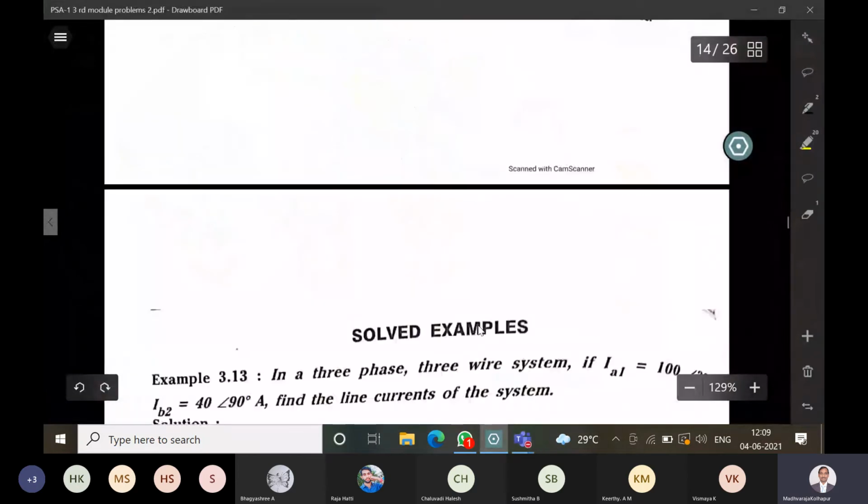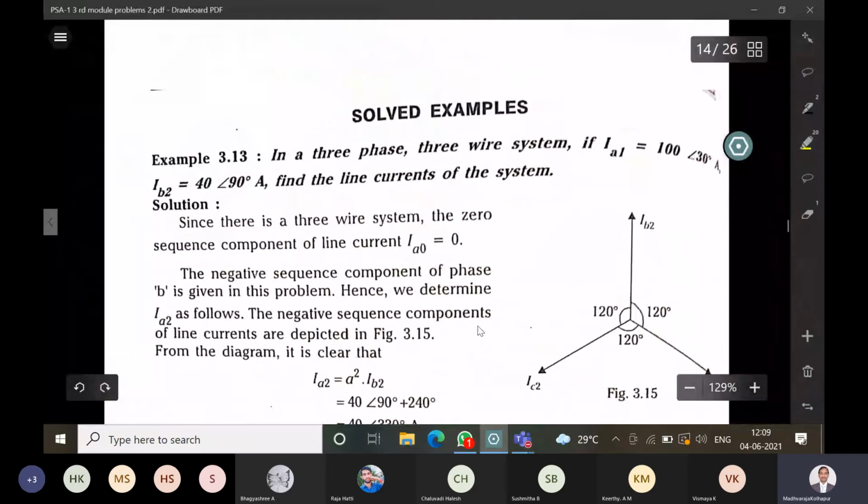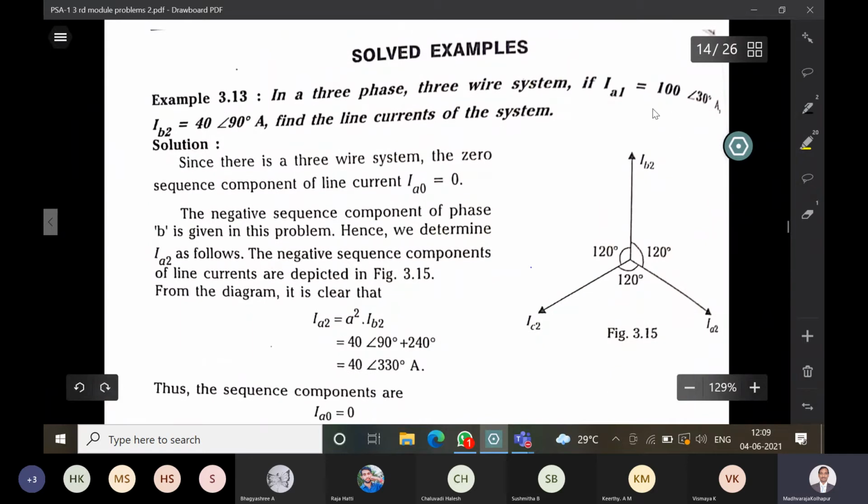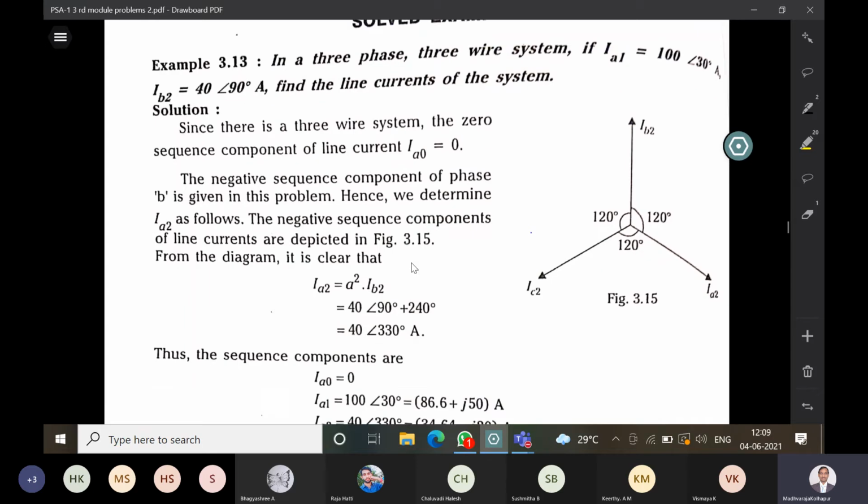So next problem. In a three-phase, three-wire system, small IA1 is equal to 100 at an angle 30 degree, IB2 is equal to 40 at an angle 90 degree ampere. Find the line currents of the system.